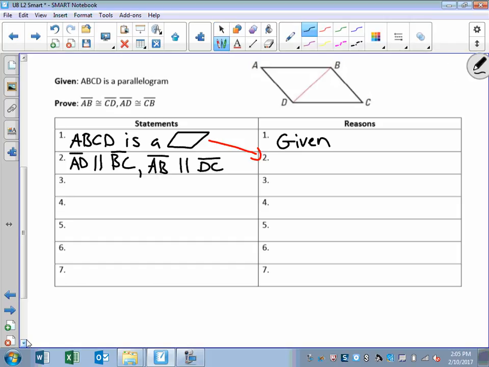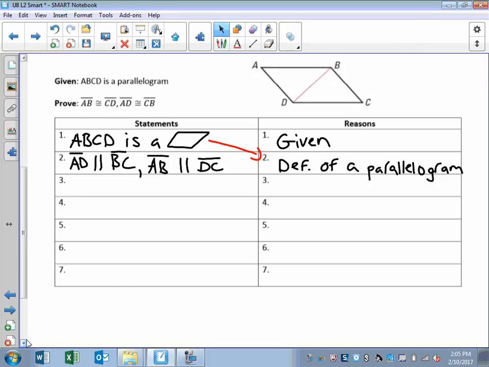That's the definition of a parallelogram. Okay. Now we know that the sides are parallel, so I'm gonna draw that up on the picture.